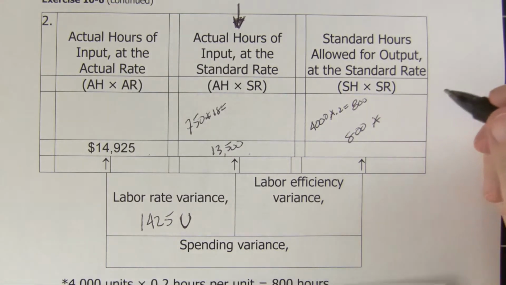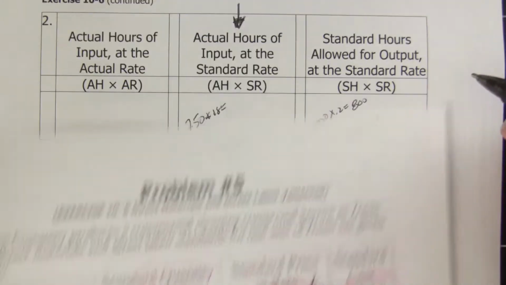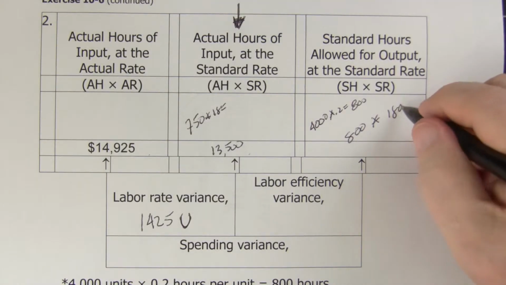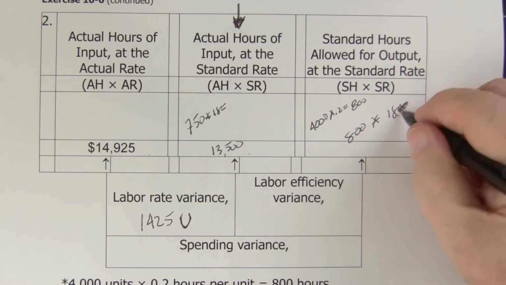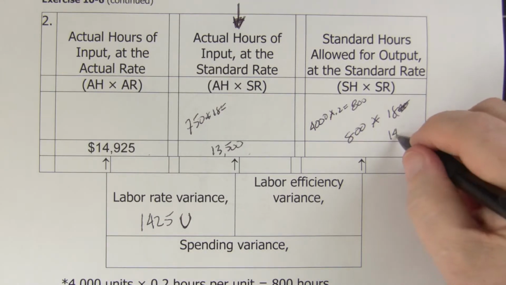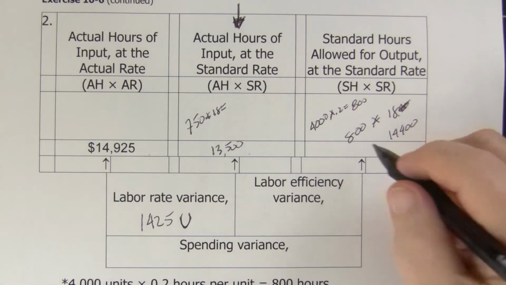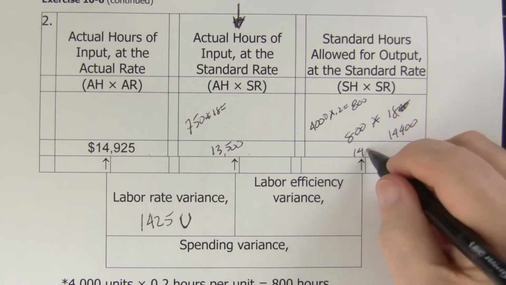Our standard rate, and again they give it to us, is $18 per hour. That comes to 14,400. So let's make our comparison.